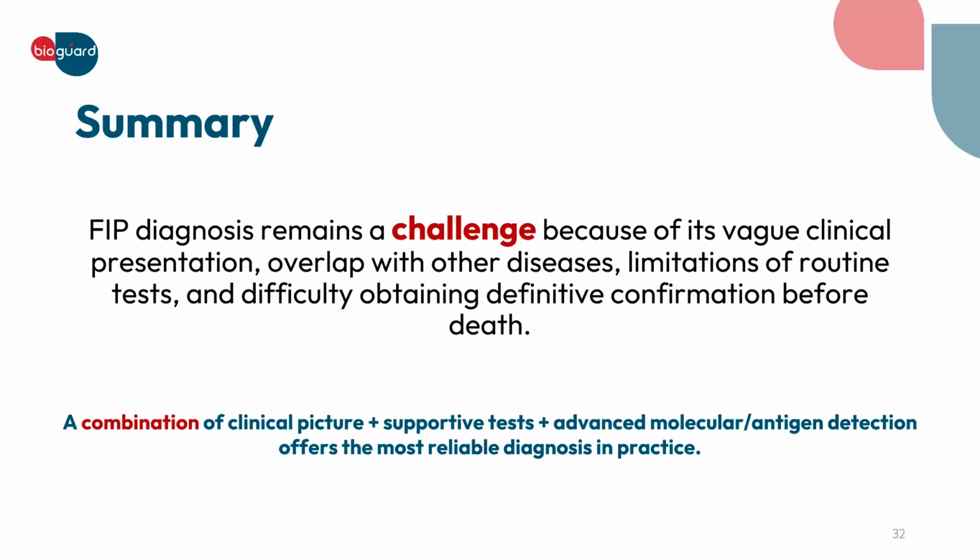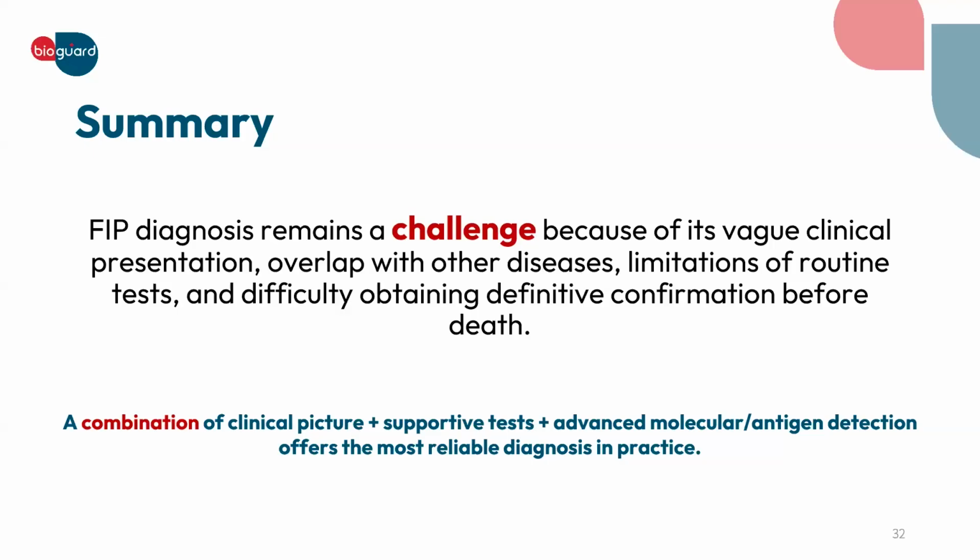It doesn't have very severe symptoms. But inside the cat's body, if this FCoV gets mutated, by the time FIP is diagnosed, it's too late for treatment, and then the case becomes more problematic. So confirmation before death is very important for correct diagnostics of FIP as well as other diseases.